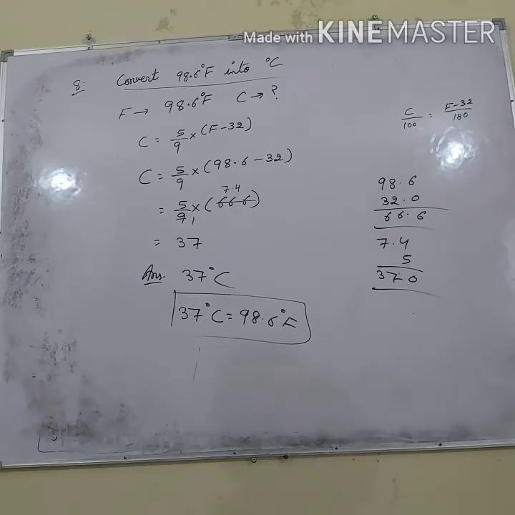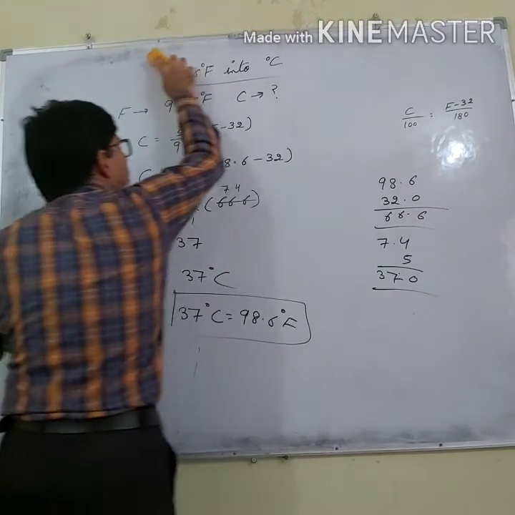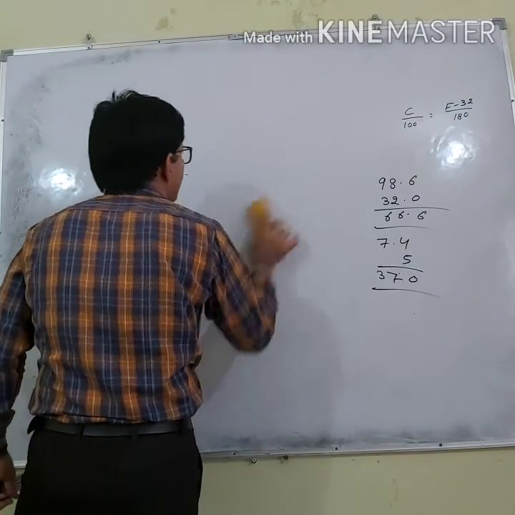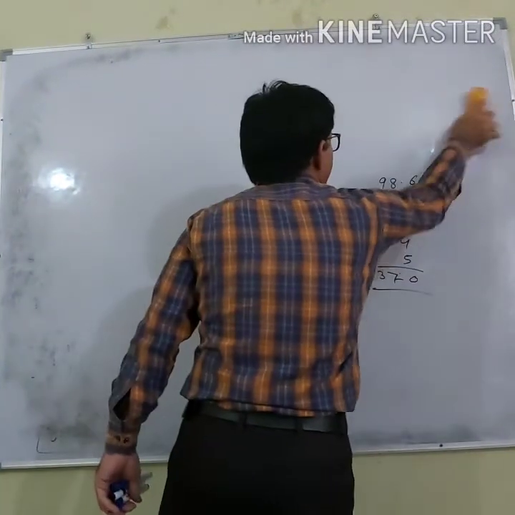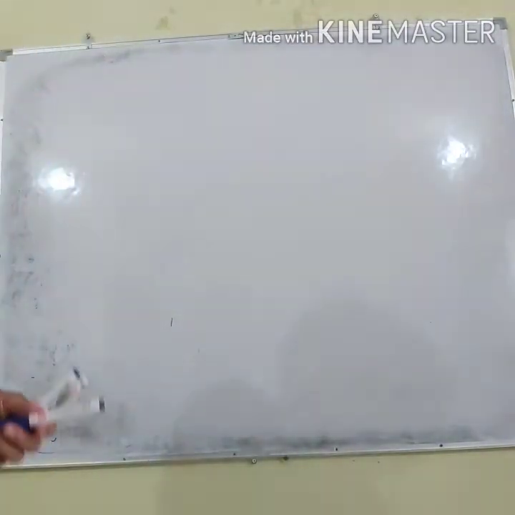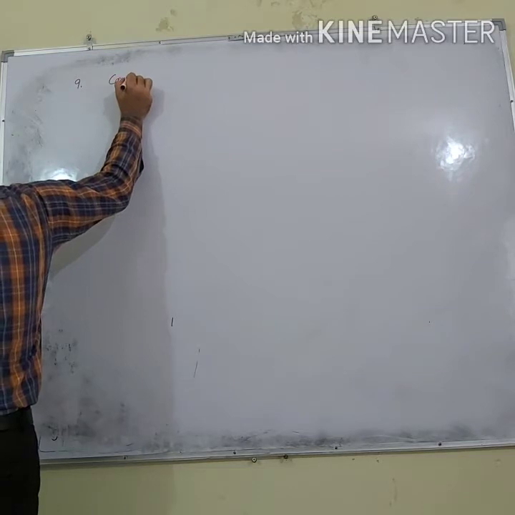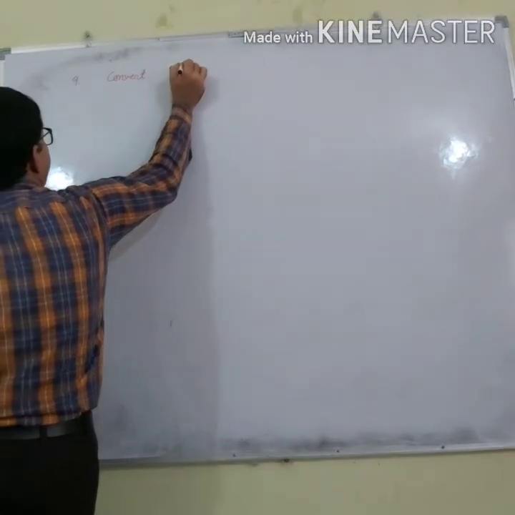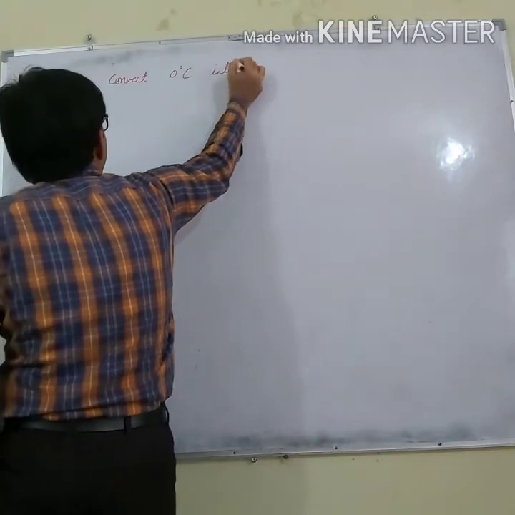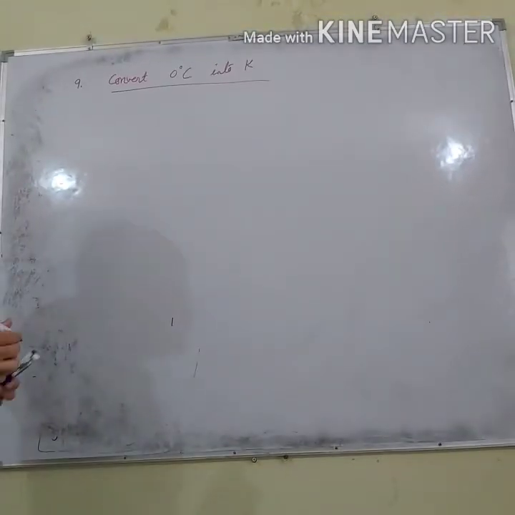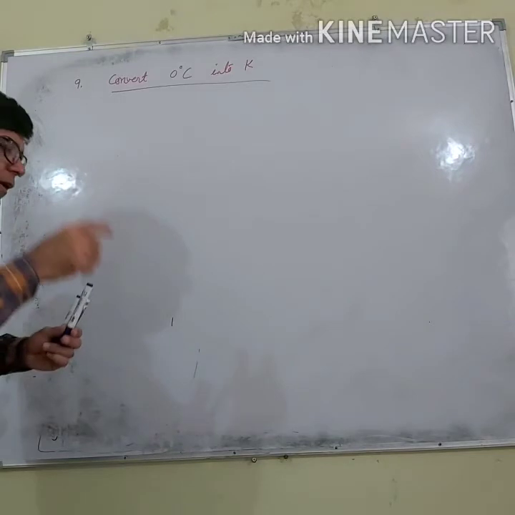Let us do other conversions. How to convert Celsius into Kelvin. Question number 9. Convert 0 degrees Celsius into Kelvin. Remember, degree does not come before Kelvin, whereas degree is always followed by Celsius and Fahrenheit.